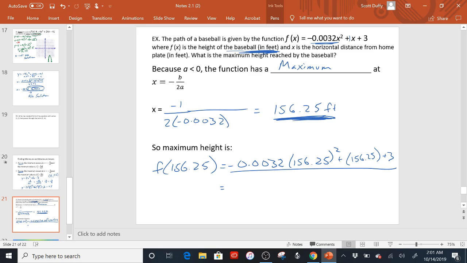And the y value tells us the maximum height would be 81.125 feet.